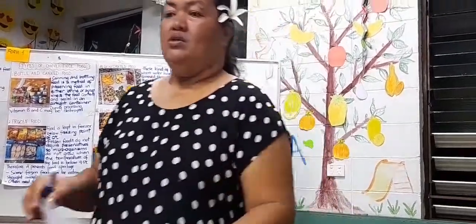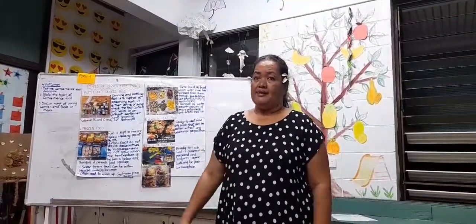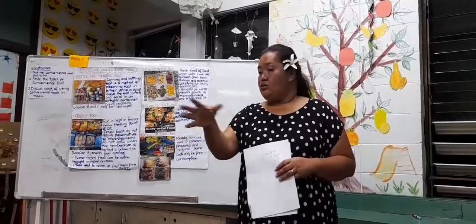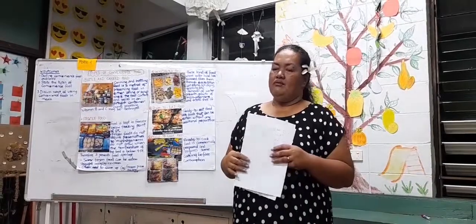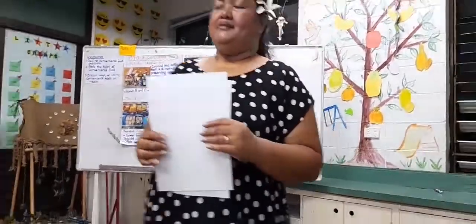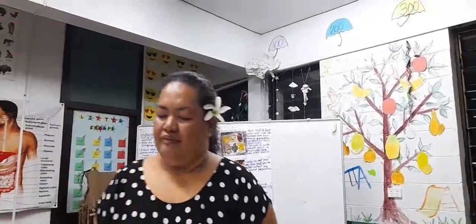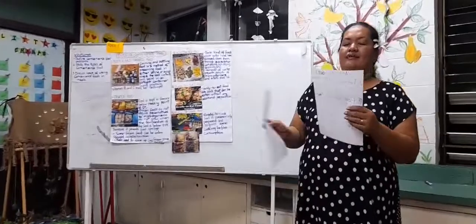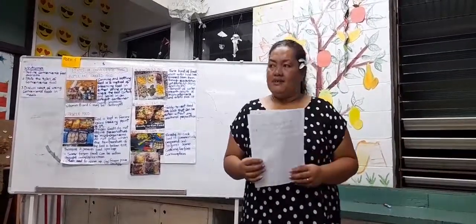Okay, thank you. Now we're gonna do our small activity before we go. Okay, class, I want you to move into 3 groups, and I will give you a small activity. Okay, the first activity, you have to define convenience food.